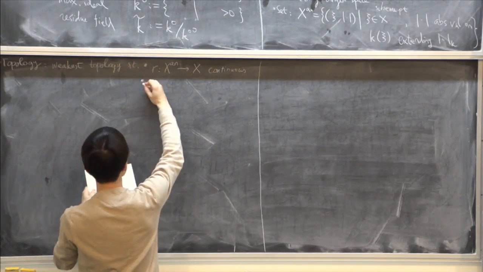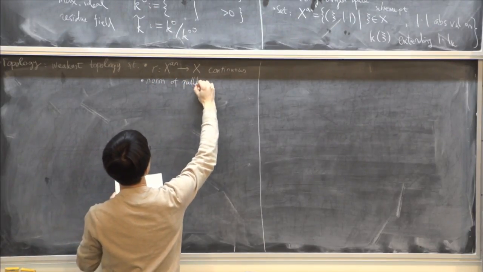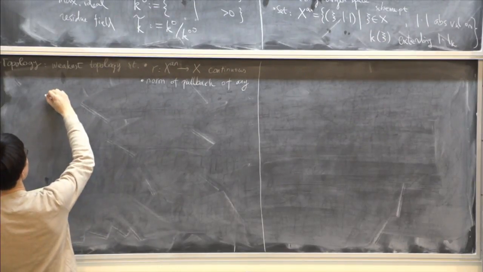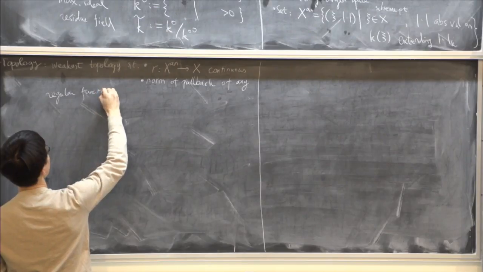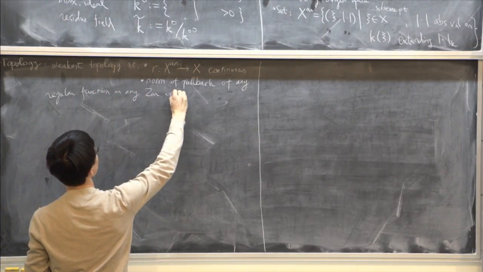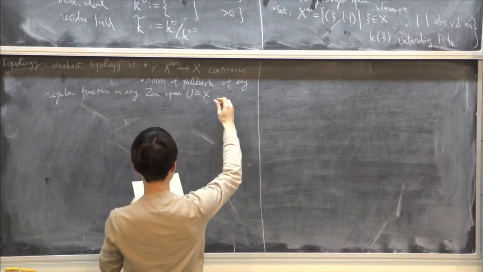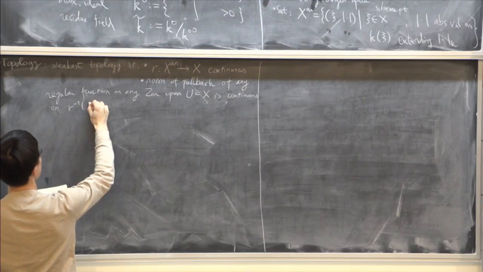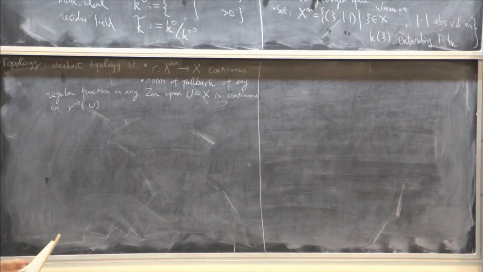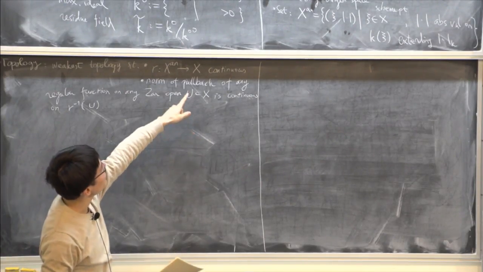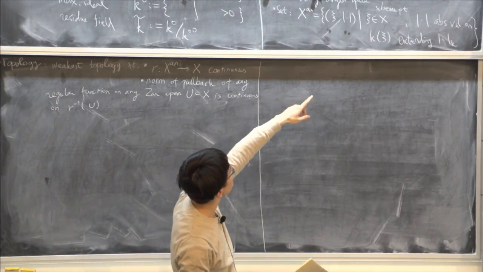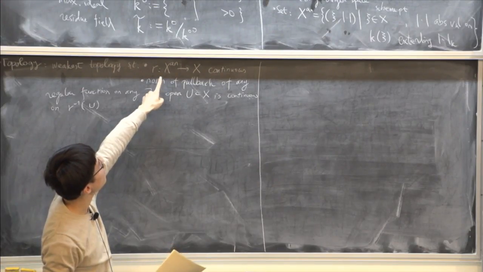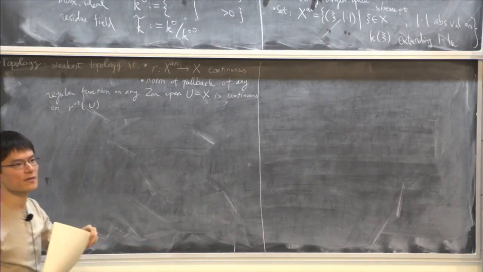And second, we want the norm of the pullback of any regular function on any Zariski open U inside X to be continuous on the preimage of U. So if I take any regular algebraic function on X, I consider it as a function on the analytic space, and then I take the norm of this function everywhere. We want this to be a continuous function.